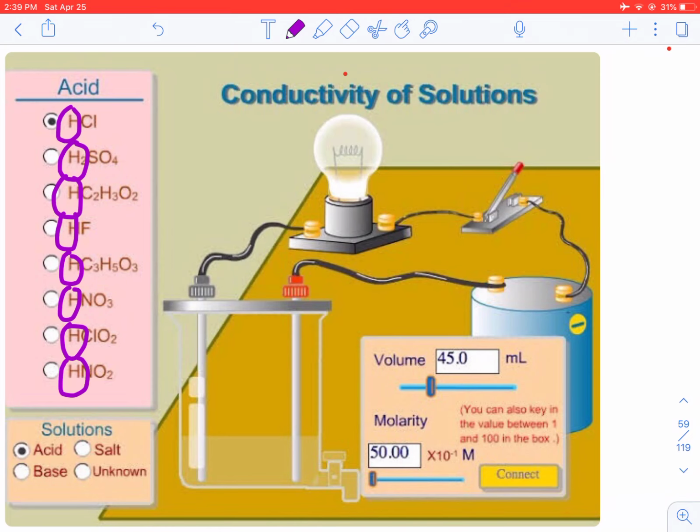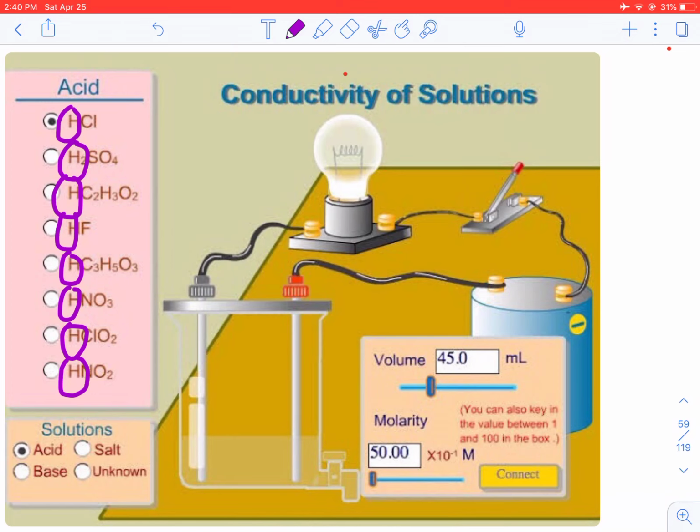So from the formula, you should be able to recognize whether we're dealing with an acid or not. Although these are molecular substances, they're different in the sense that they are acids. And because they're acids, when they dissolve in water, they form what we call electrolytes.